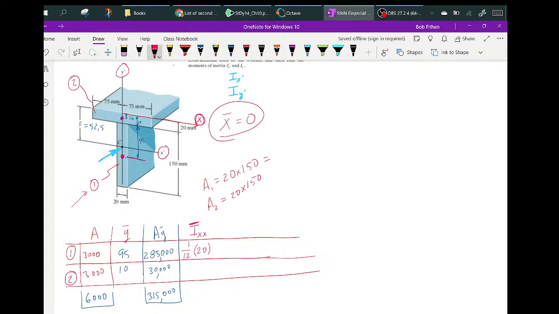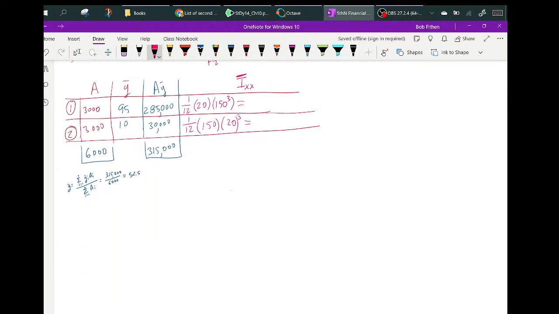Height is 150 to the third. Now what I'm going to do is take up a little extra space here, just because I'm going to put this over here. And what is the other one? It's 1/12. The base of it is 150, and height to the third is 20.